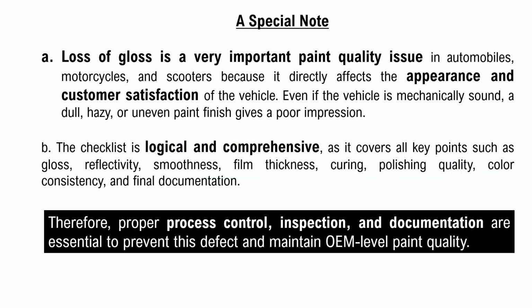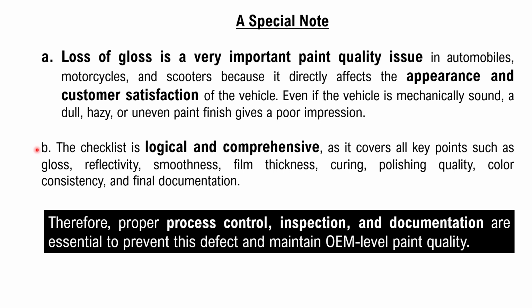A special note on loss of gloss: it is a very important paint quality issue in automobiles, motorcycles, and scooters because it directly affects the appearance and customer satisfaction of the vehicle. Even if the vehicle is mechanically very sound, a dull, hazy, or uneven paint finish gives a very poor impression.